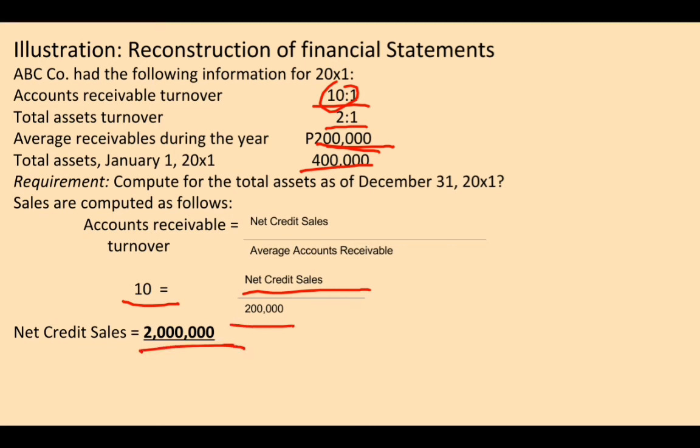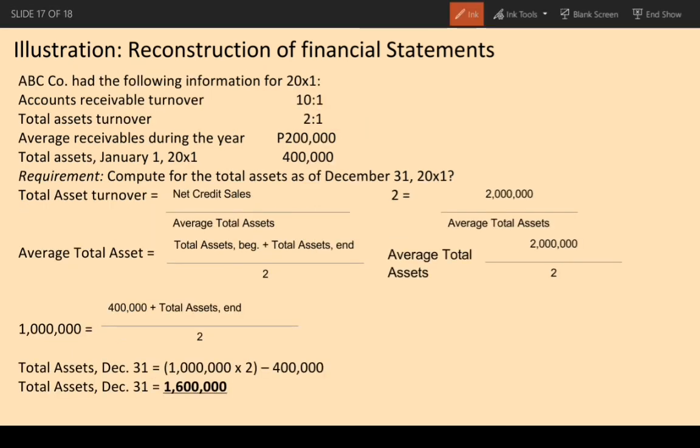Continuing, total asset turnover is equals to net credit sales divided by average total asset. So, the total asset turnover is 2:1. So, 2 is equals to net credit sales of 2 million divided by average total asset. So, average total asset is equals to 2 million divided by 2, which is 1 million.